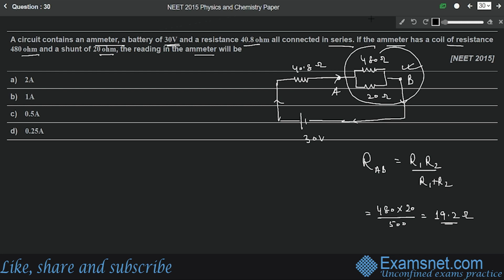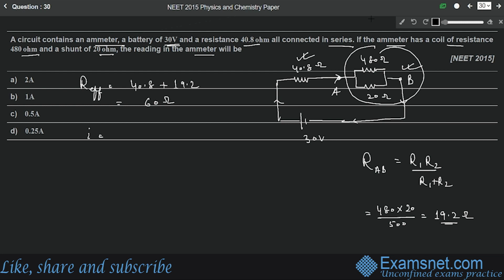And the total effective resistance will be equal to 40.8 plus this 19.2, because this resistance between AB is in series combination with this 40.8 ohm resistance. So the effective resistance of the circuit will be equal to 60 ohm. And we have to find out the current.